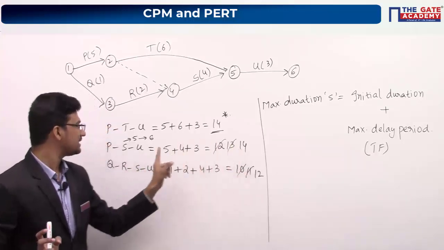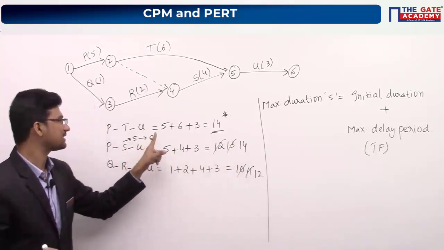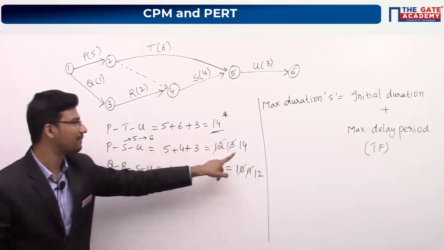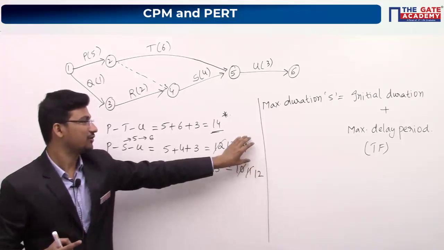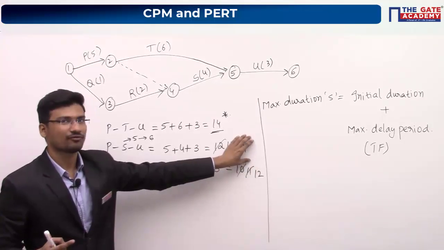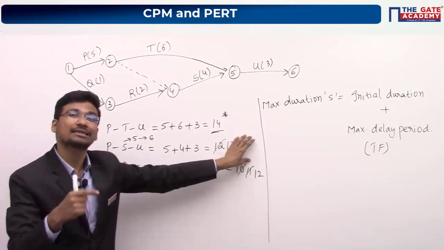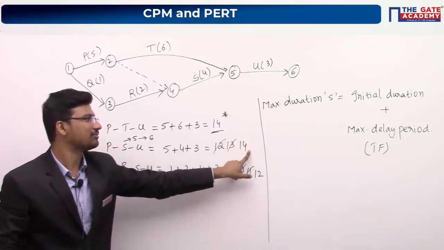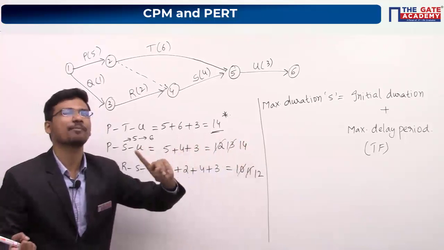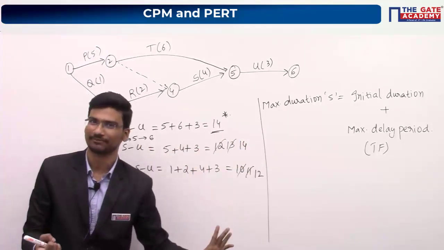Now if you delay activity S by one more day, let us say you make it 7, then this will become 15 and this will become 13. If this becomes 15, your critical path and project completion time also change. The project completion time will become 15, and it should not change as far as the question is concerned.